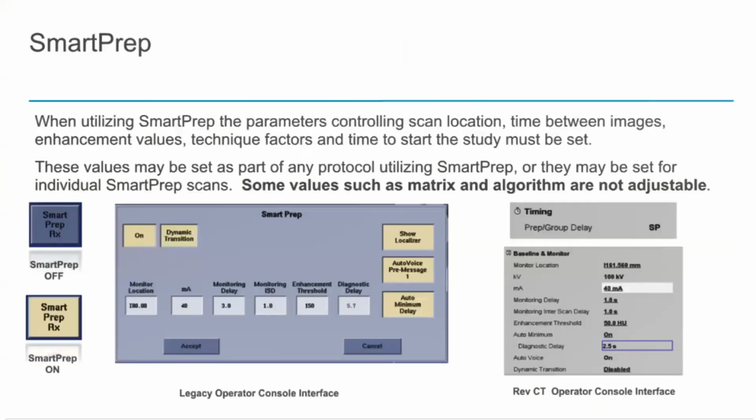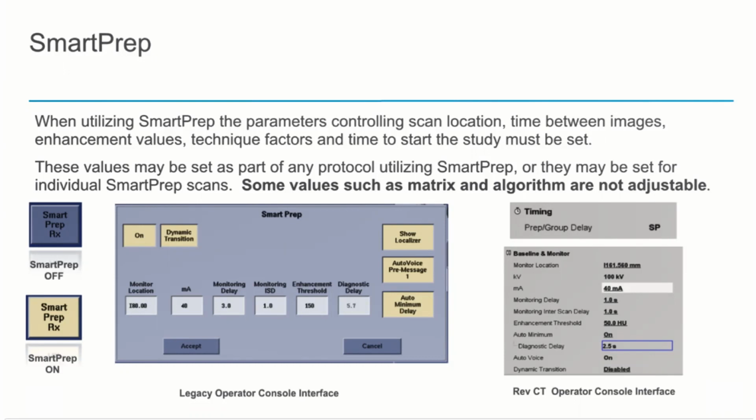The SmartPrep feature looks different on 40mm systems and Revolution CT, but the operator will need to consider certain parameters, such as monitor location, delay before monitoring begins, the inter-scan delay and the enhancement thresholds. So generally in CT angio, you are looking at keeping the diagnostic delay as short as possible. So that's the delay after the trigger before the scan starts.